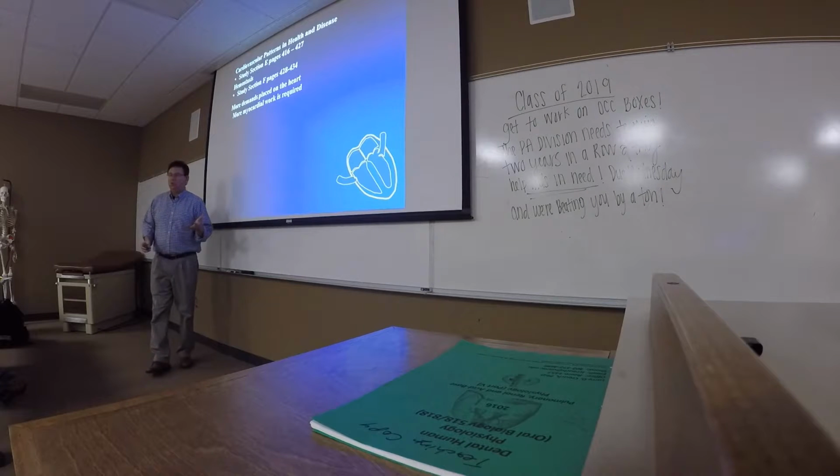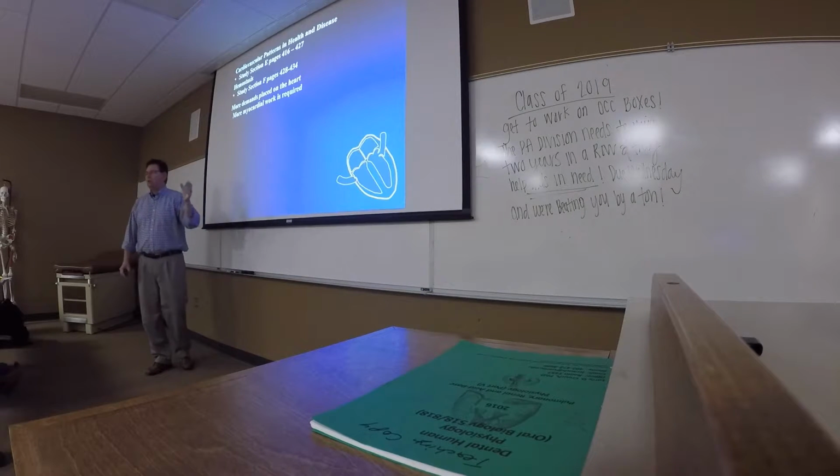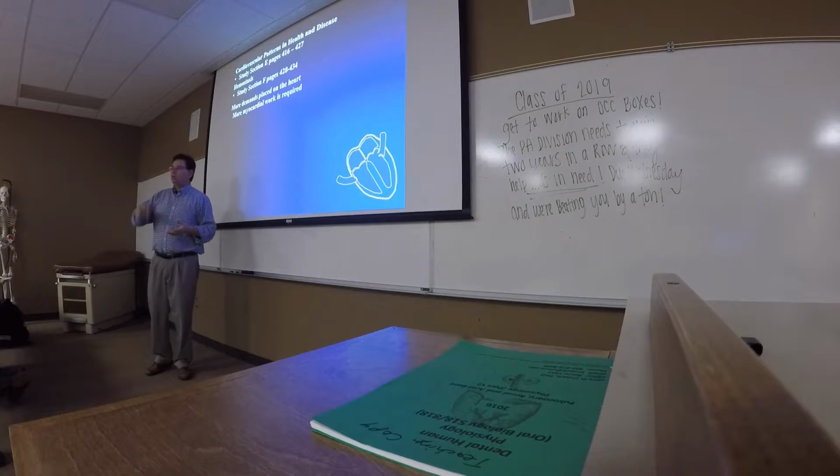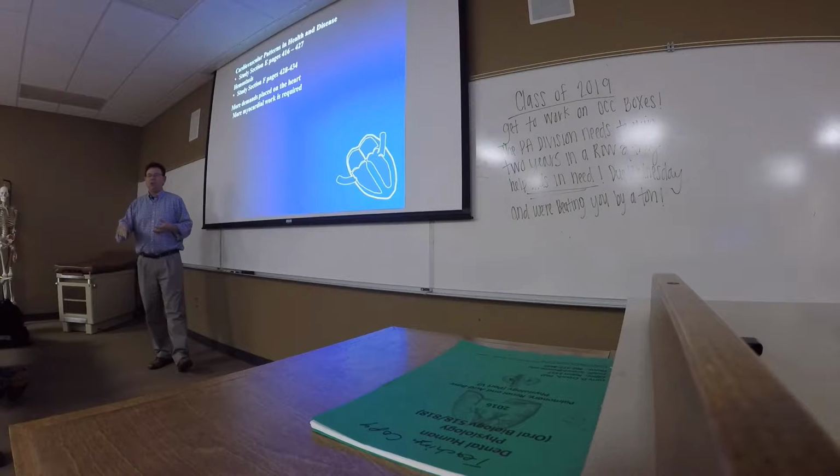So, you tell me what happens if that heart is working harder. Is it going to be producing more local metabolites? Yep. Do you think the coronary vasculature is going to have increased resistance or decreased resistance? Decreased resistance. So guess what? If you decrease resistance, what happens to flow?